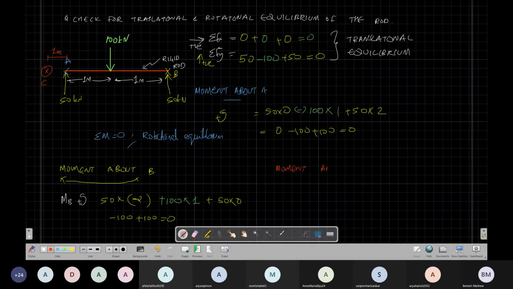It is outside the body, but still I am asking you what the moment is. You can find the moment about any point in the plane. That is what I am trying to tell you. Now, what is the moment about point C?